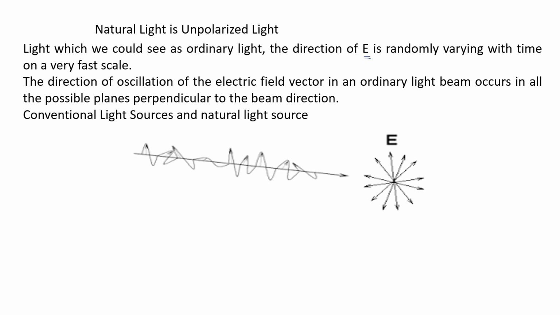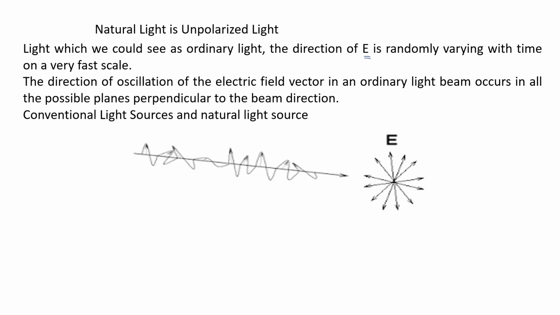So in all possible directions, the electric field can vibrate. This is a possible direction. This is a possible direction. It can vibrate in all possible directions. We are talking about the electric field vector E, right? It can have any direction. For any direction of the electric field, the magnetic field will be perpendicular to it, and the direction of propagation is perpendicular to both.